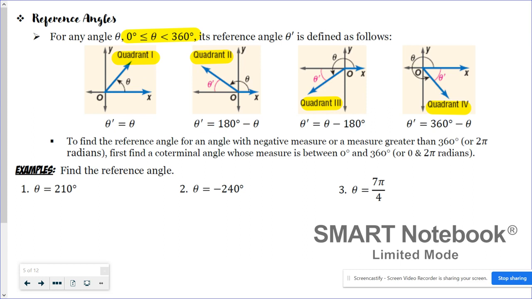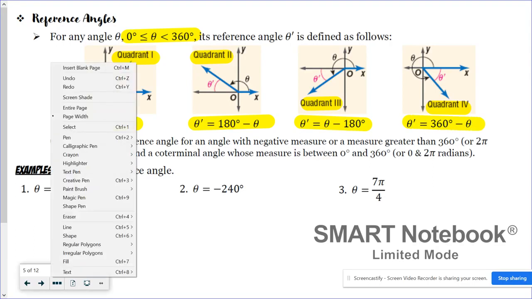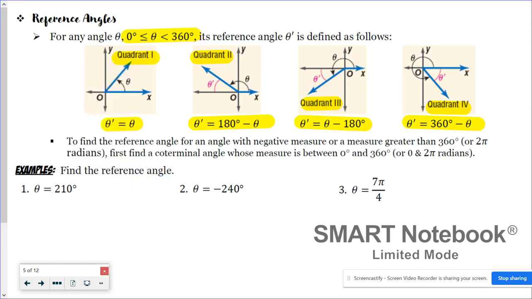So if we're in quadrant 1, our reference angle will equal our angle. If we're in quadrant 2, our reference angle will equal 180 minus theta, theta being our angle. In quadrant 3, our reference angle is theta minus 180. And in quadrant 4, our reference angle is 360 minus theta. So we need to be in between 0 and 360, we need to know what quadrant we're in, and then we can apply the proper rule.